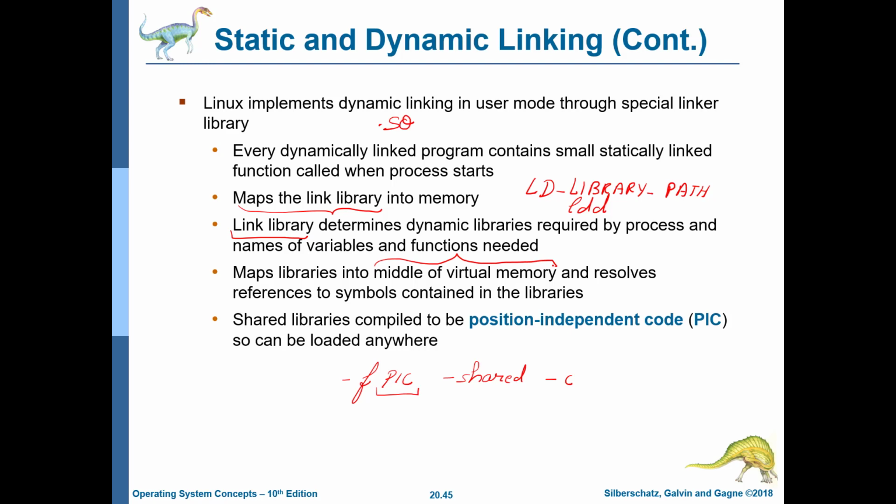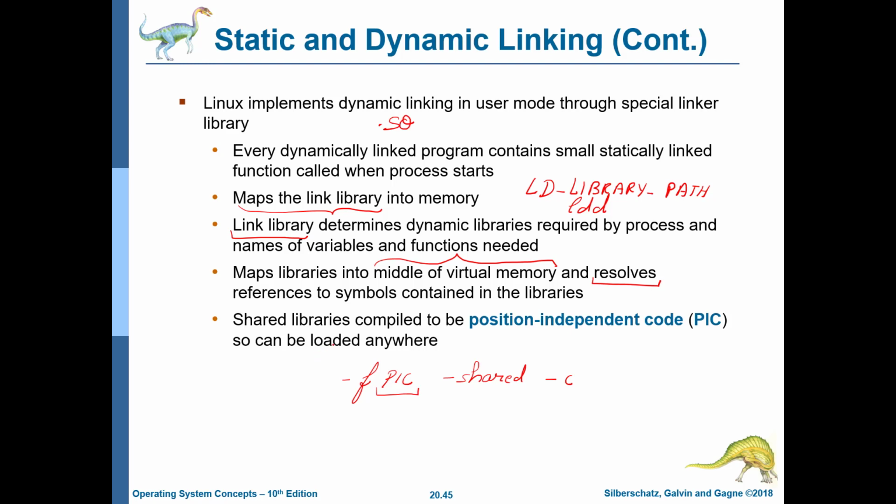Furthermore, all the symbols referenced within the library could be variables or functions. When the program is combined, essentially the symbols don't have a value, they point to some redirect location. But all of this is resolved once the library is loaded, so the functions start pointing to the right locations.